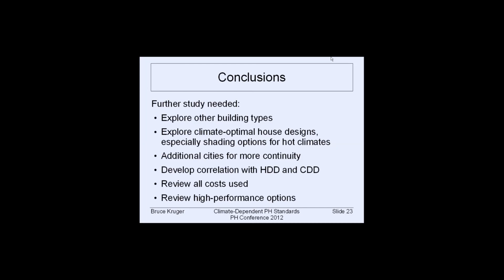And it's possible that could be addressed by some kind of correlation with heating degree days, cooling degree days, and possibly bring in solar gain values. And then finally, a really thorough review of all the options and costs and specifications I used, especially in the high performance area. That's all I have.